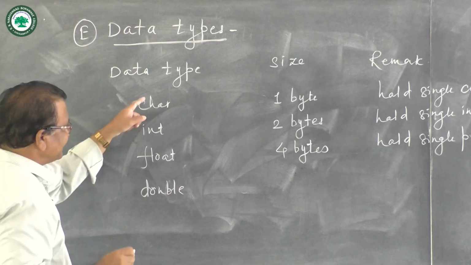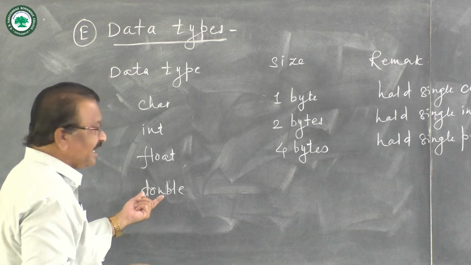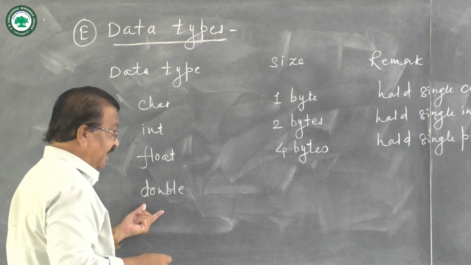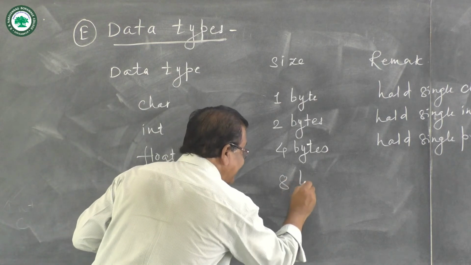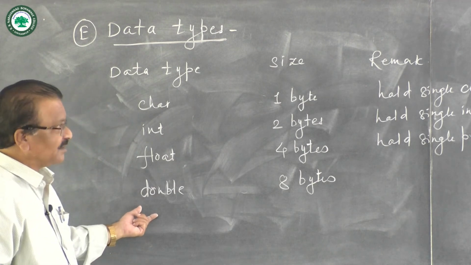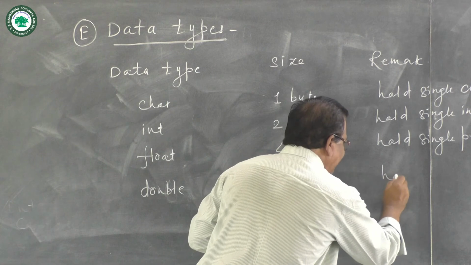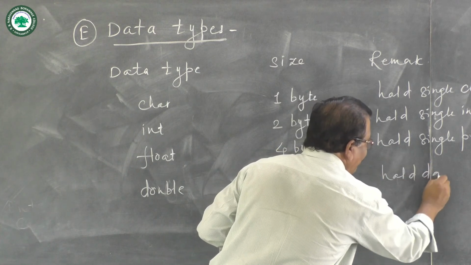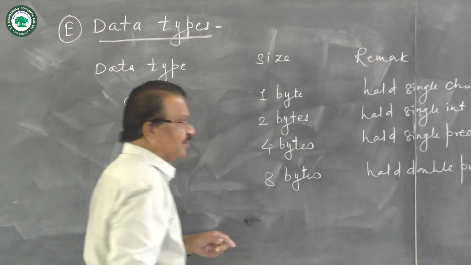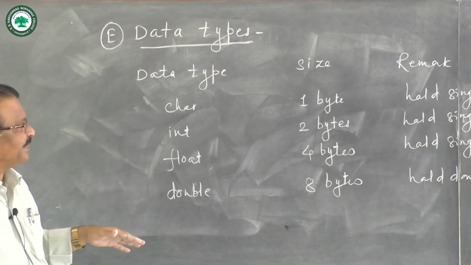All these are keywords: char, int, float, double. When you declare a particular variable as a double, then 8 bytes get reserved inside the memory to store that floating point number, and it can hold a double precision floating point value. So these are the 4 basic data types in C.